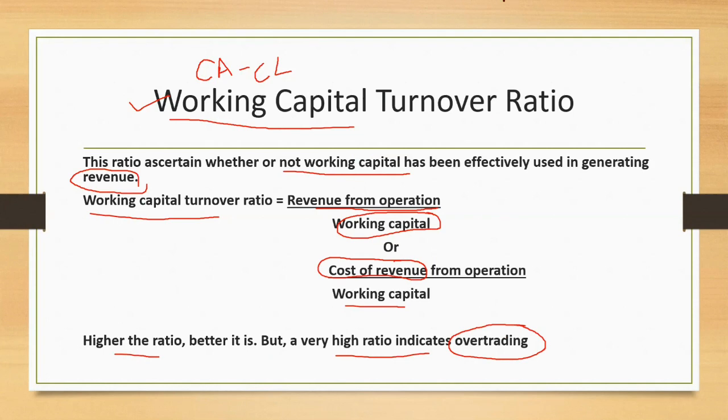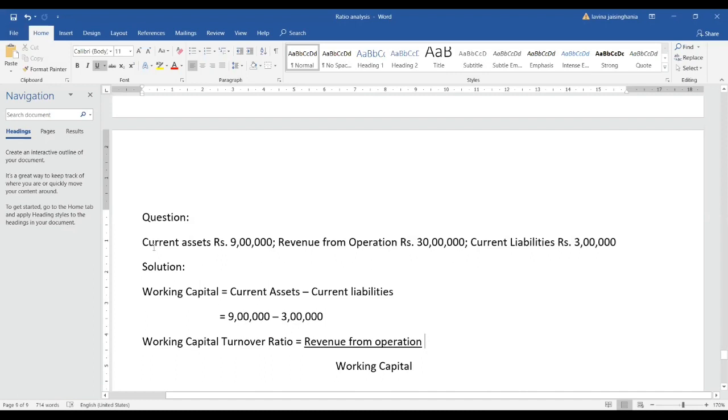Now we'll solve a sum related to this. Here I already have the question. In this question, current assets is given as 9 lakh, revenue from operation is 30 lakh, and current liabilities is 3 lakh.